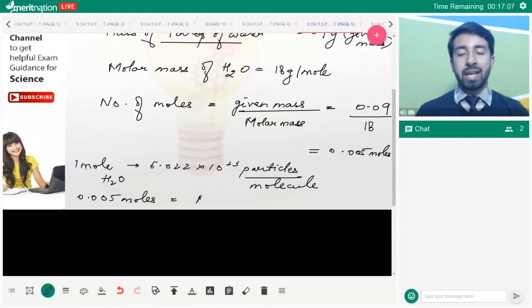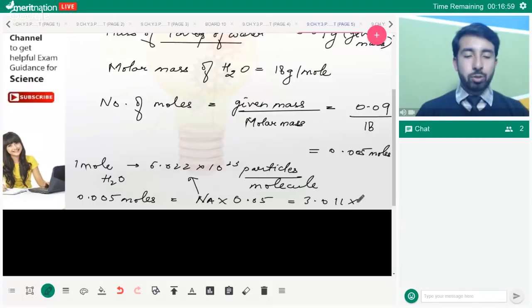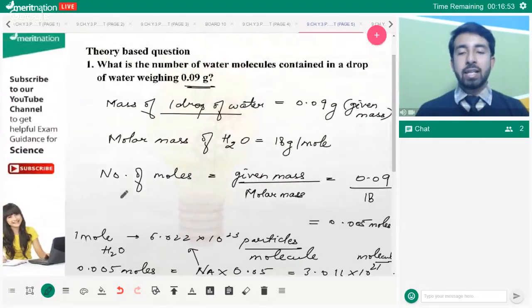Simply multiply by the Avogadro number, 6.022 into 0.005, and the value comes out to be 3.011 into 10 raised to the power 21 molecules. So this many molecules of water are present in 0.09 gram of a water droplet. I hope you are all clear with this question.